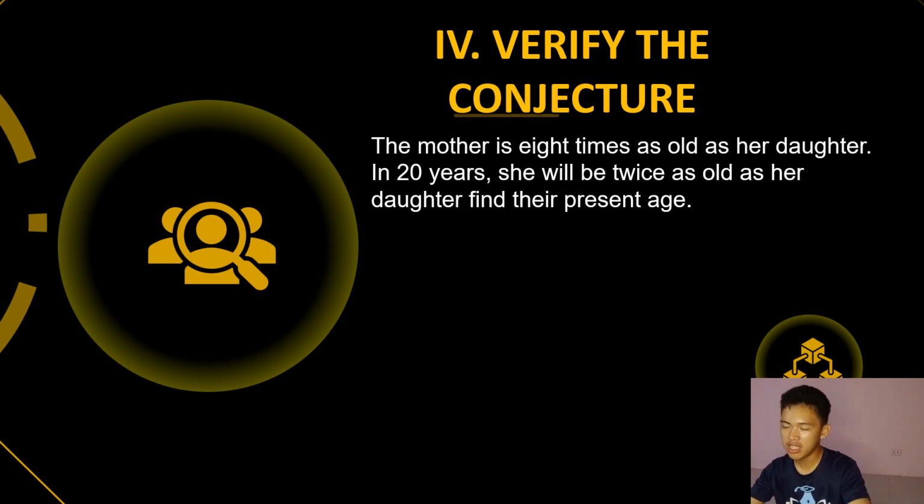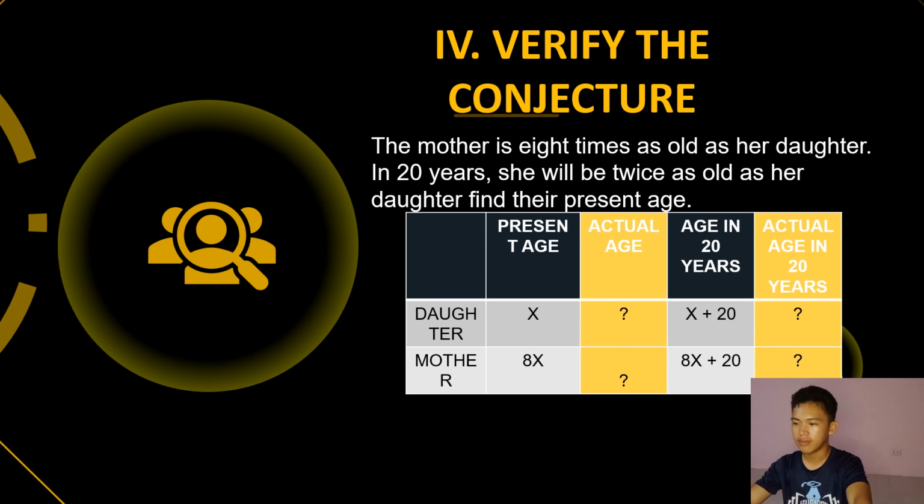So let's proceed to our table. Our table here represents the present age and the age in 20 years of the mother and the daughter. Let's represent the daughter's present age as x and the mother's as 8x. So the actual age is question mark, both mother and daughter.